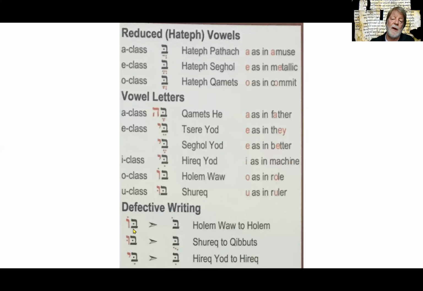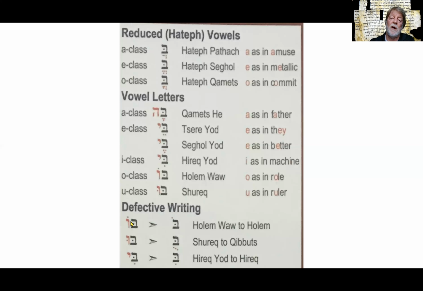The more complete way of writing this, bet and holum vav, is the most complete way of writing it. But sometimes, and this is called defectively, there's a shorthand given. So here we have the same consonant, a bet, with a holum, just the dot over it, and the vav is left out. That's just a shortened way of writing it.